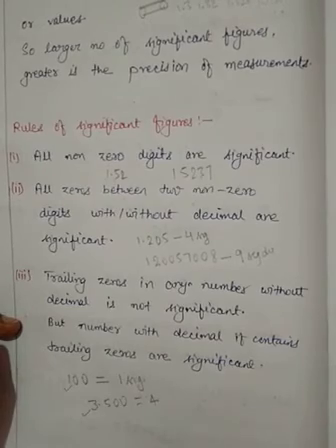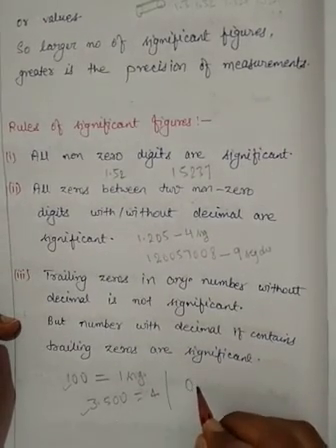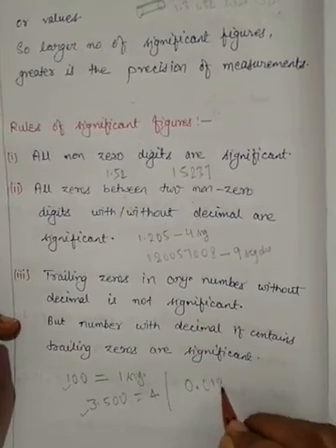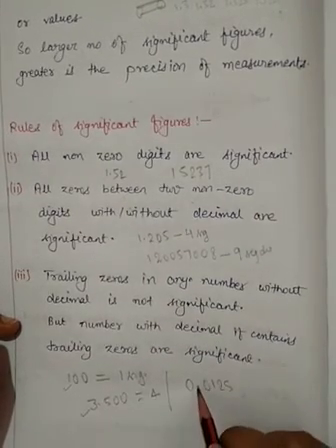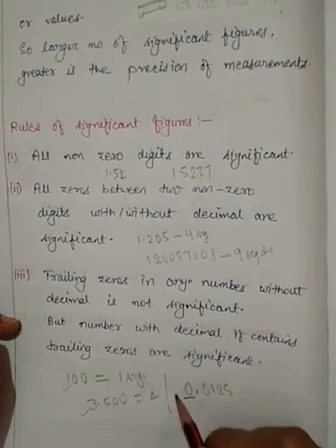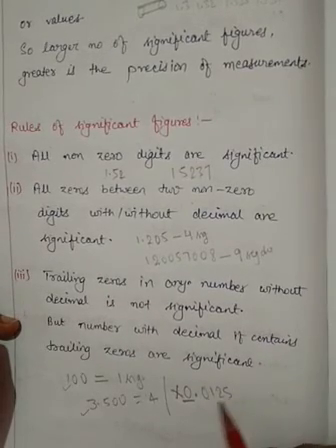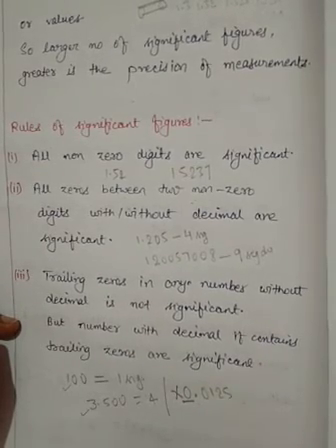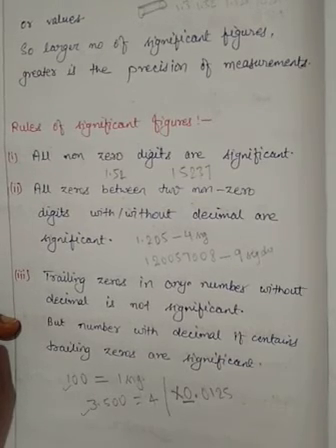The one last thing is numbers in which there are zeros before the decimal, like 0.0125. The zeros to the left of the significant digits are not significant, they will not be counted, but other zeros will be counted. So we can have this type of example.